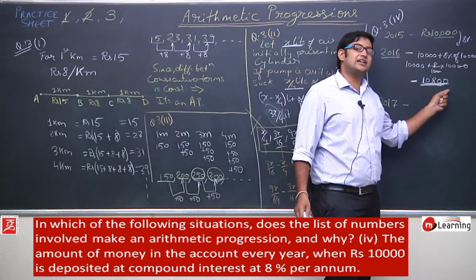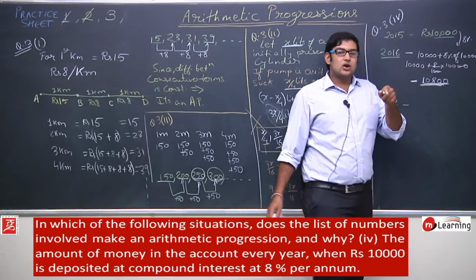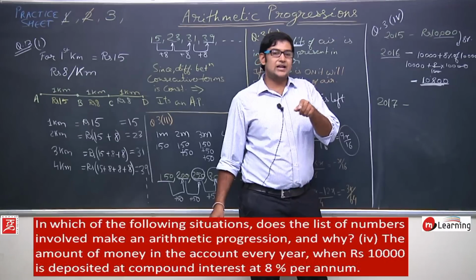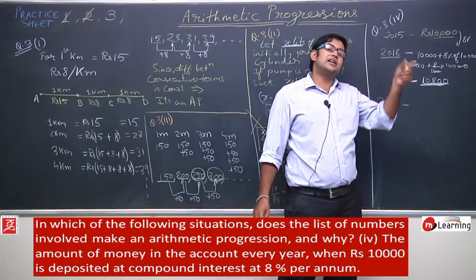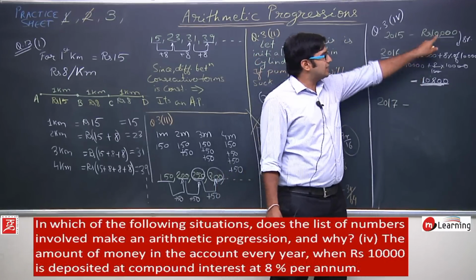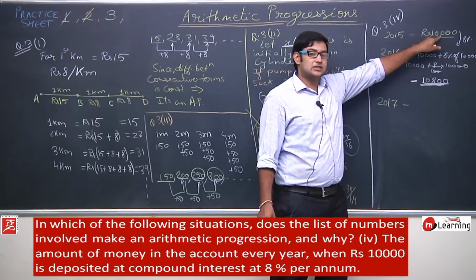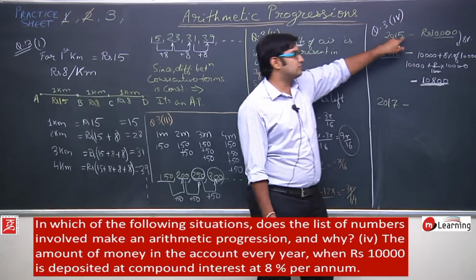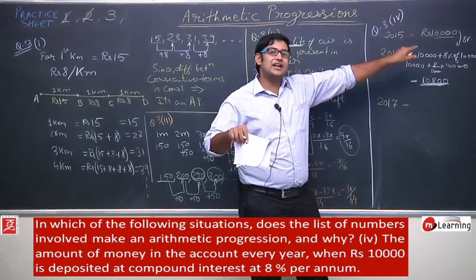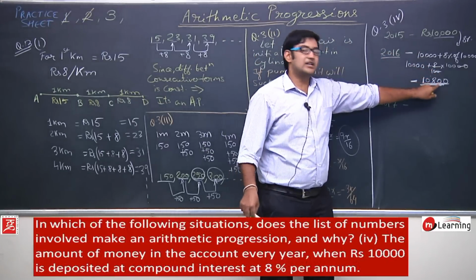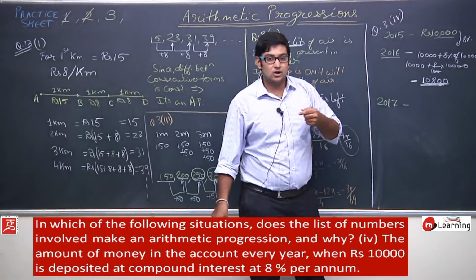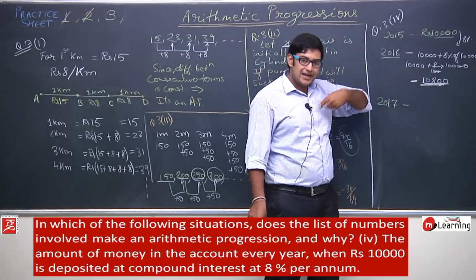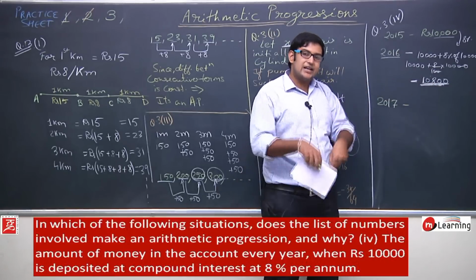So how much amount is there in my account? It is 10,800 rupees. So compound interest says that you will get interest on interest. It means I will get interest on the 10,000 rupees which I deposited in 2015, plus I will get interest on this 800 rupees also, because this 800 rupees is my interest and it is inside my account.